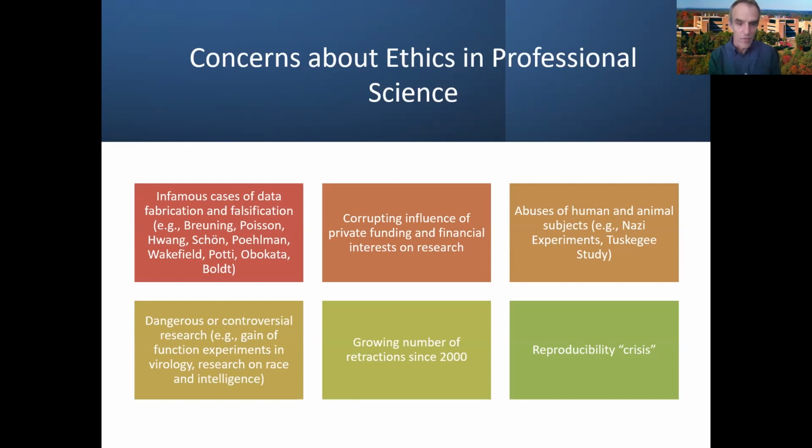There's dangerous or controversial research. Gain of function experiments in virology. We heard a lot about that with the COVID-19 pandemic and the controversy over whether COVID-19 was in fact manufactured in a lab or escaped from a lab or something like that. We still don't know. We haven't really figured that one out.